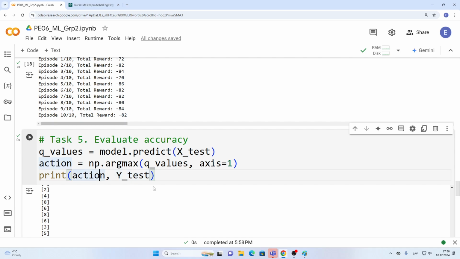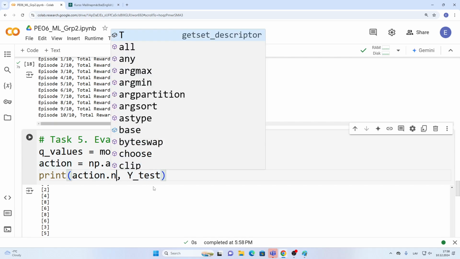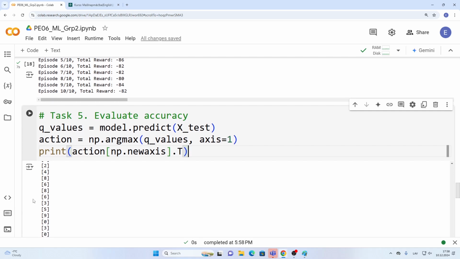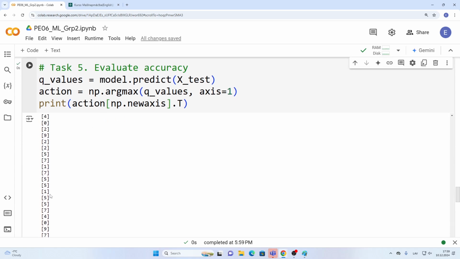Let's change the action by adding a new axis, numpy new axis, and transposing it. So my goal is now to make action look like this, which is now that, meaning we can compare them now easily.